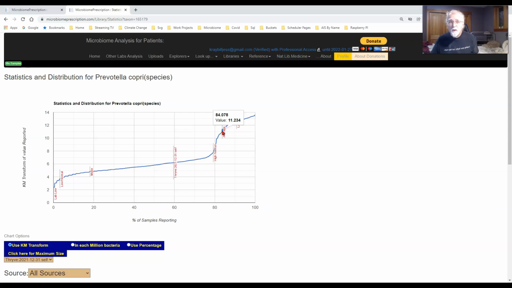The result is that most people will be reported to be below average, and given the wrong advice that you need to increase this particular bacteria up to that. The reason I'm particularly concerned about this one is it is associated with the presence of mycotoxin. It feeds on mycotoxin, so it is an indicator that you may have issues with fungi and other mycotoxin producers.